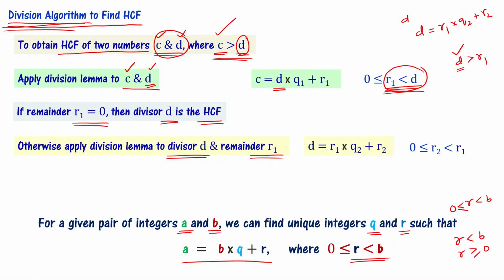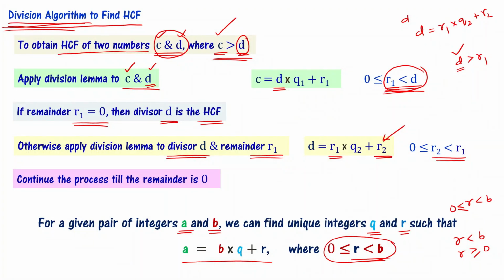Now if you look at this R2, remainder R2 has to be less than R1. Please note this. That is what the division lemma is saying, right? Now again check whether the remainder R2 is 0 or not.